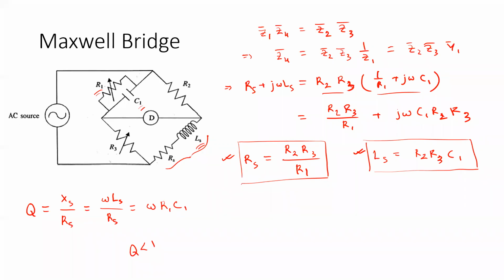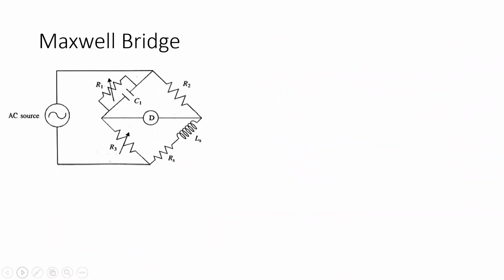Now the problem of this particular bridge circuit is in measuring high quality factor inductors, inductors which have high quality factor. So what is the problem that can be discussed in terms of the balance equation, which is defined in terms of the angles, which is theta 1 plus theta 4 equals theta 2 plus theta 3.